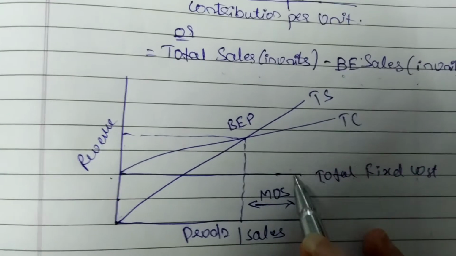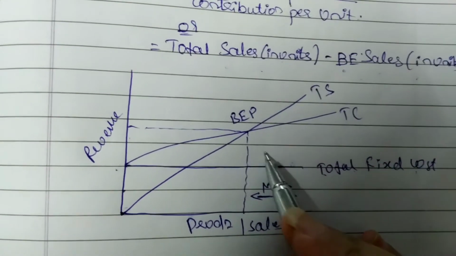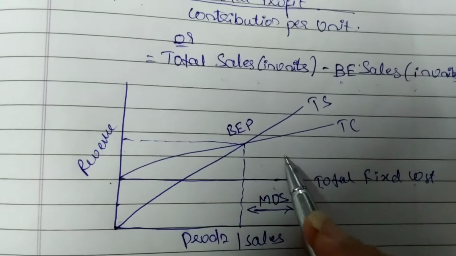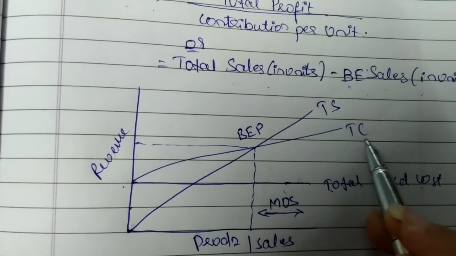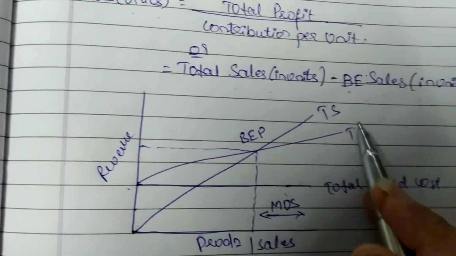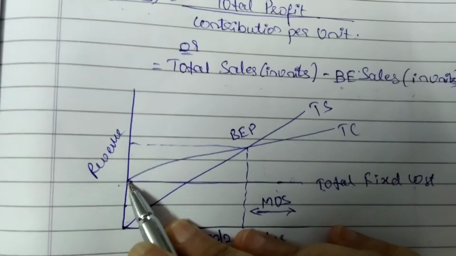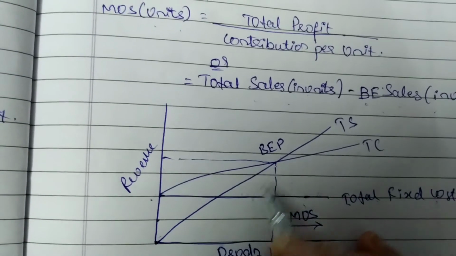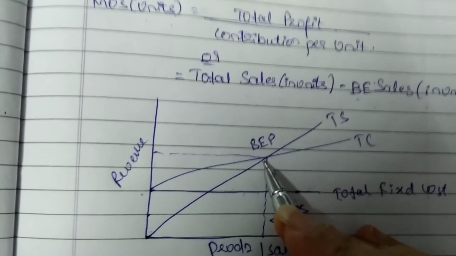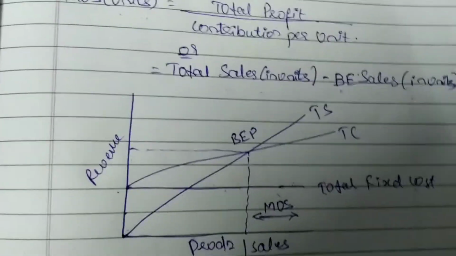The upper part of that is the variable cost, the addition of one unit which goes on varying. With that addition, the cost also keeps changing. So this will be the total cost. Fixed cost remains the same, total fixed cost. The variable cost increases with the number of additional units produced.